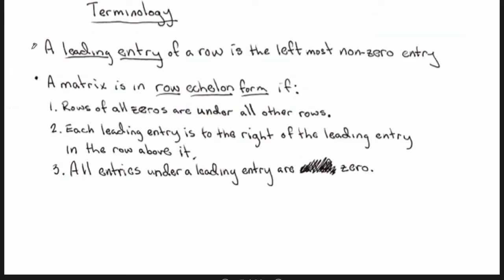Okay, so some terminology. First, a leading entry of a row is the leftmost non-zero entry. So if I'm looking at a matrix, the leftmost non-zero entry is going to be the leading entry of that row. Now, a matrix is in row echelon form, which we call REF, if rows of all zeros are under all the other rows.